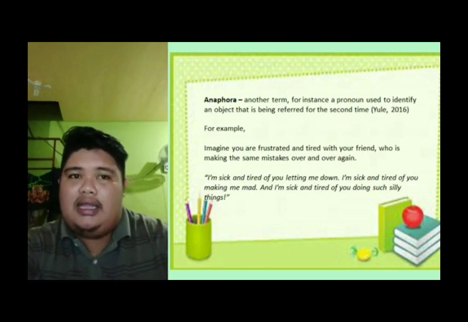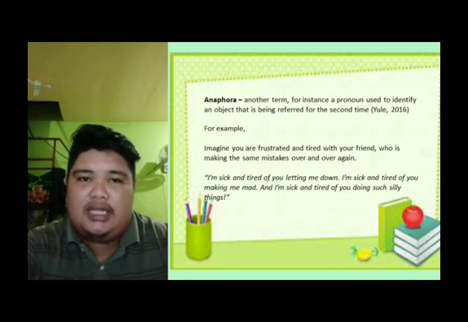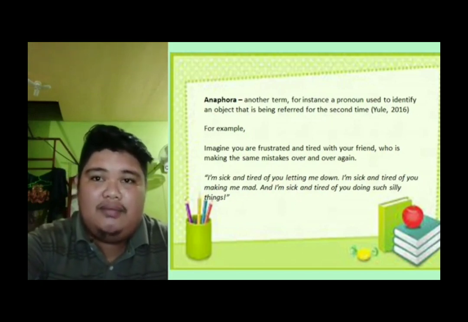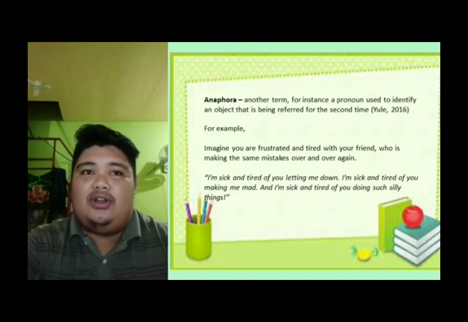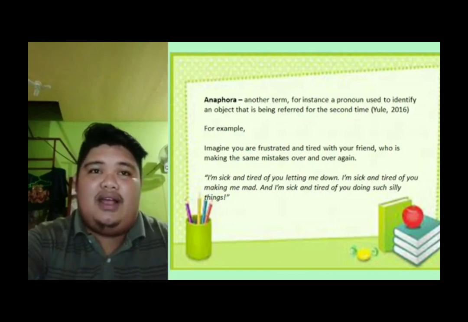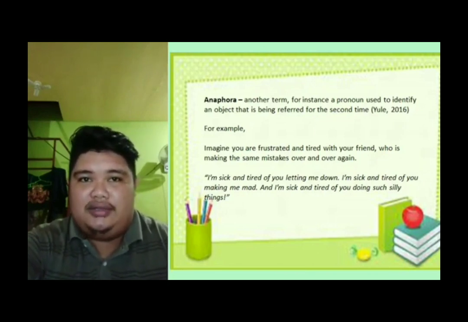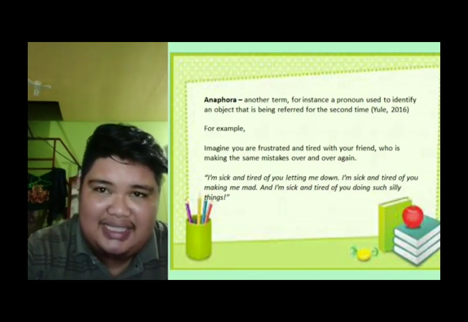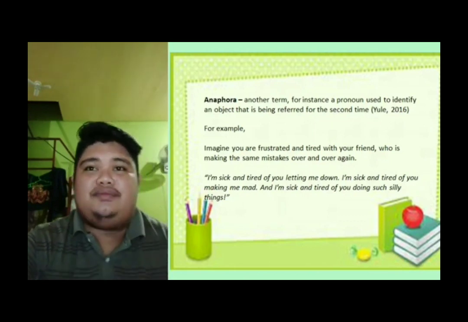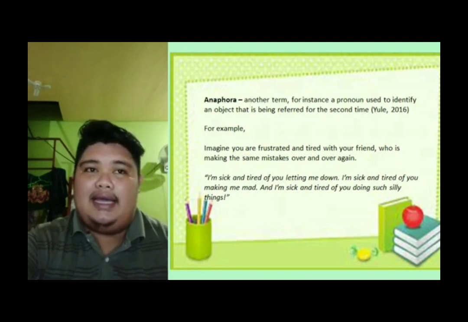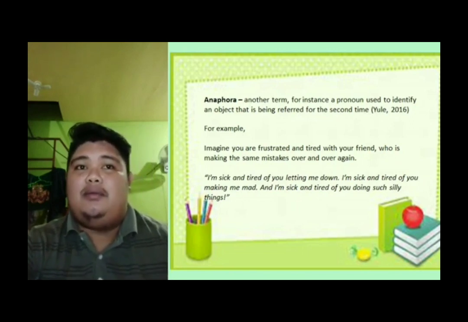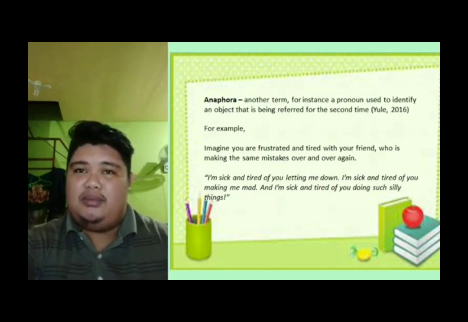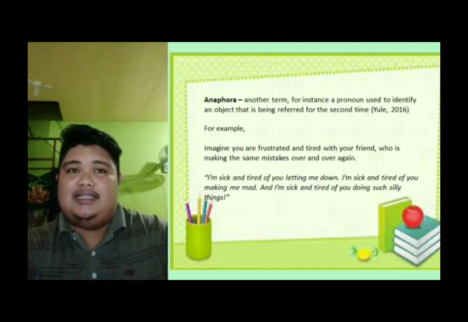Anaphora is also when a certain word or phrase is repeated at the beginning of clauses or sentences that follow each other. This repetition emphasizes the phrases while adding rhythm to the passage, making it more memorable and enjoyable to read. So, here is the example.